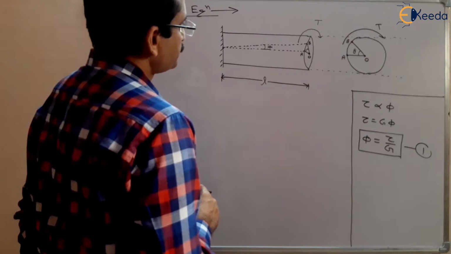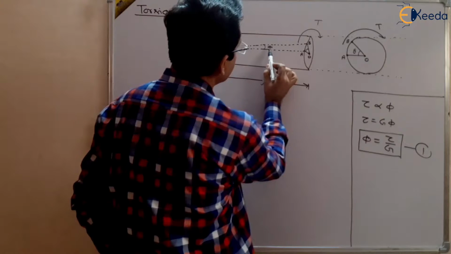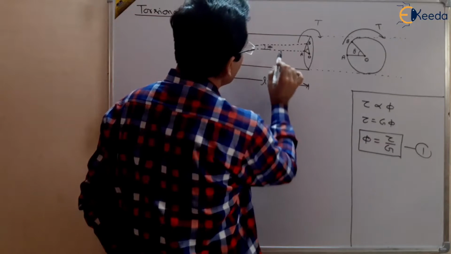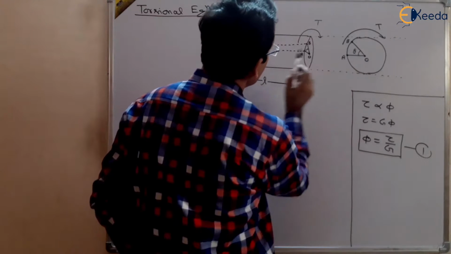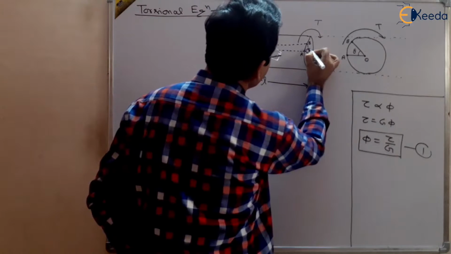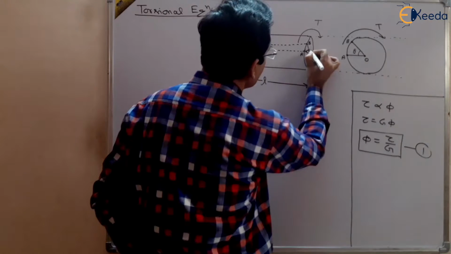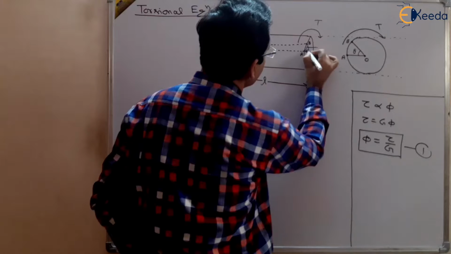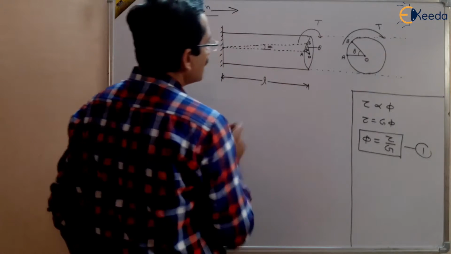Now, what is shear strain? If we look at this, phi, here it is theta. So what is phi here?